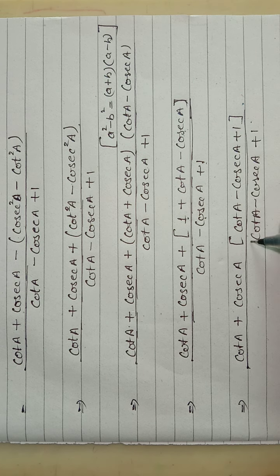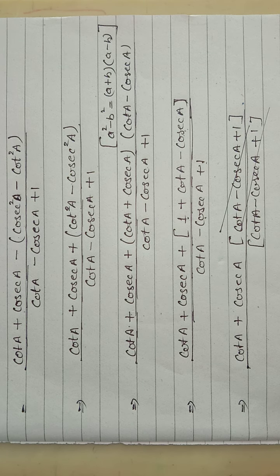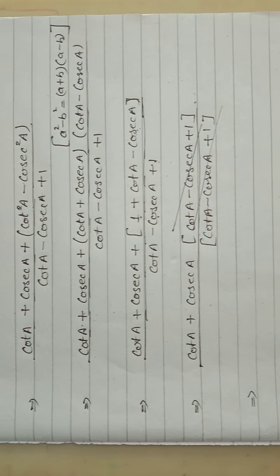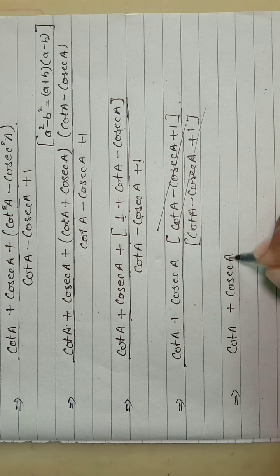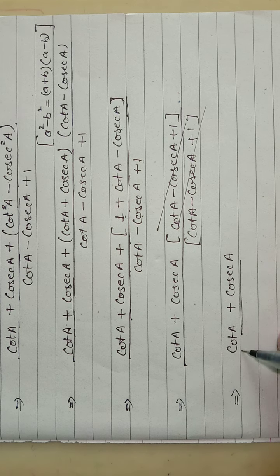So this whole can be cancelled with this whole. So what remaining do you have at the end? It is cot A plus cosec A, and it is addition.